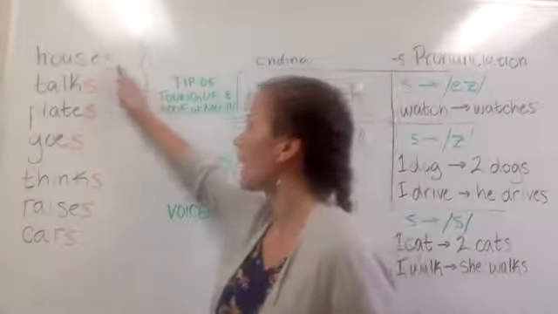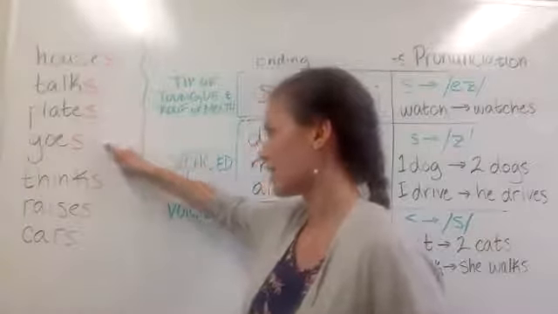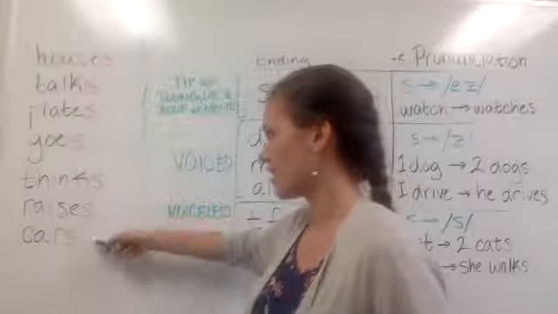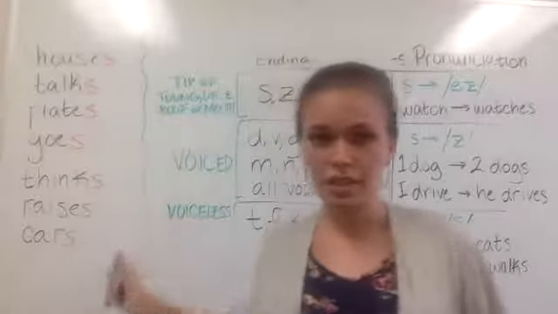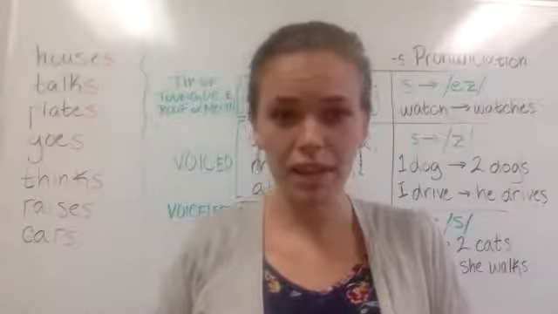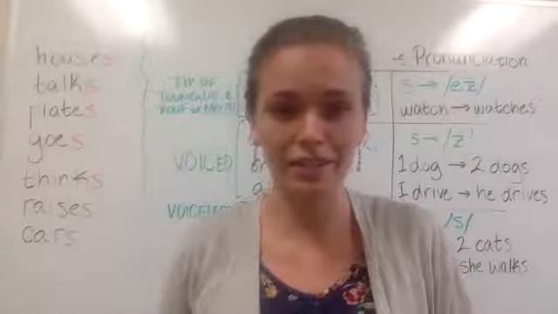So we have houses, talks, plates, goes, thinks, raises, cars. If you notice, all those words end with S. But if you were listening to my voice, you heard that it was pronounced in 3 different ways.